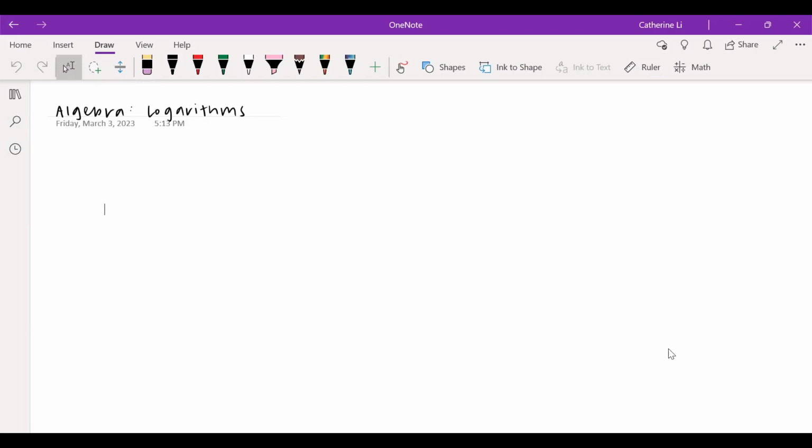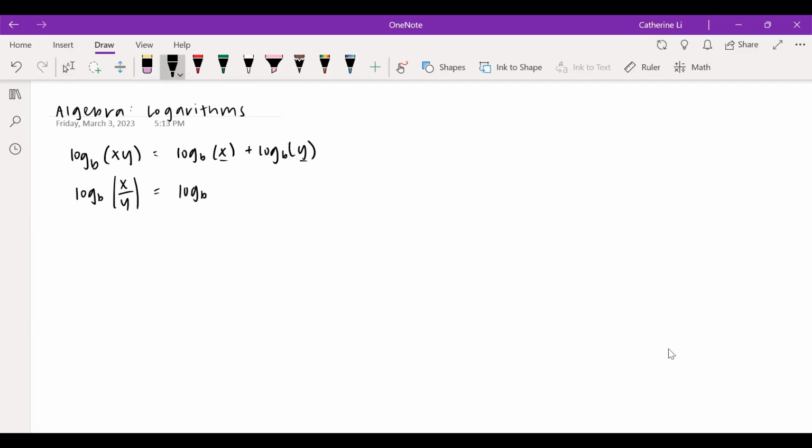So the first one that we have is log base b of a product is the sum of the logs of those two numbers, x and y. And then similarly, if we have a quotient, instead it's just going to be the difference between the logarithms.